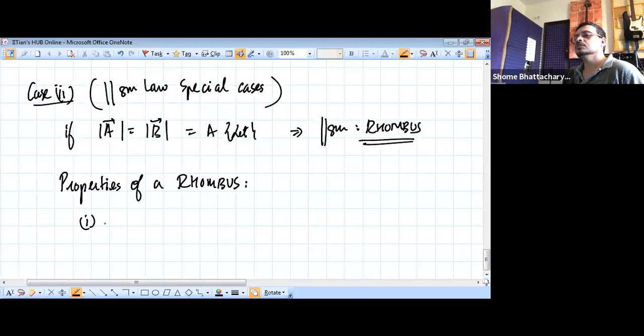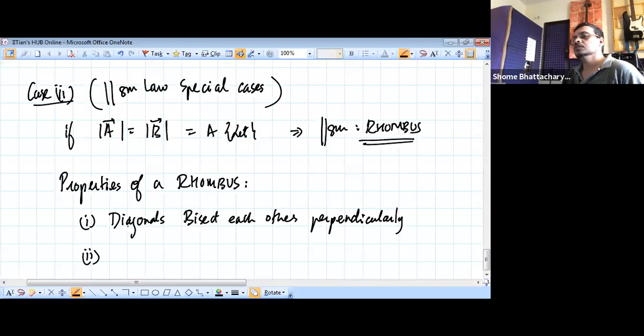So the first important property is that the diagonals bisect each other perpendicularly. The second important property is that the diagonals are angular bisectors of the sides.